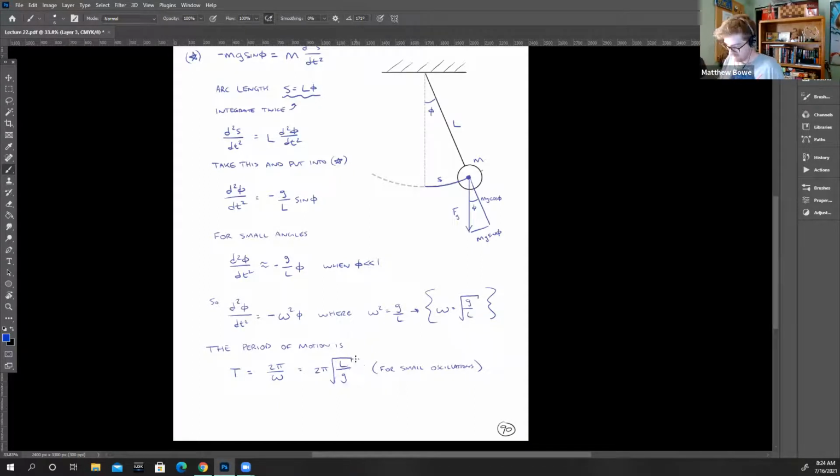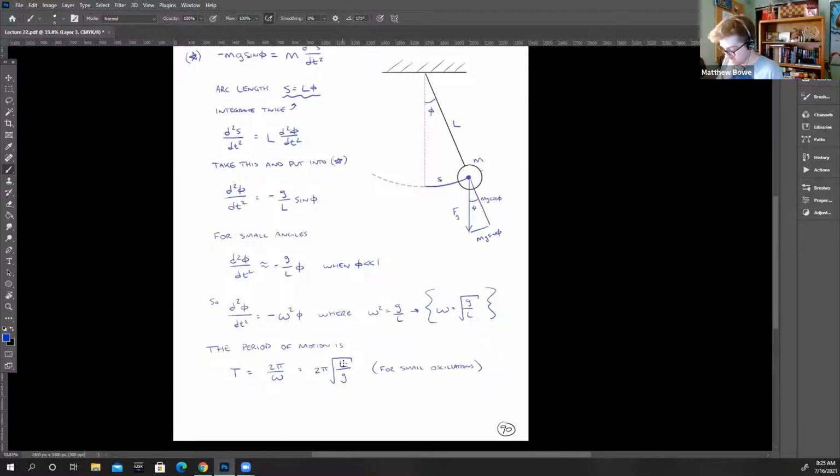So the only thing is for small oscillations. As long as we keep this small, only disturb it under like 5-10 degrees, very small, it will oscillate very regularly.